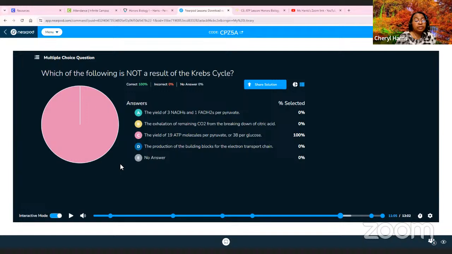Yielding ATP, 19 ATP molecules per pyruvate or 38 per glucose is not a result of the Krebs cycle, but the other two are. So we are yielding NADH and FADH2, and we'll talk more about those later on. But know that, as he said, they are created per pyruvate molecule.